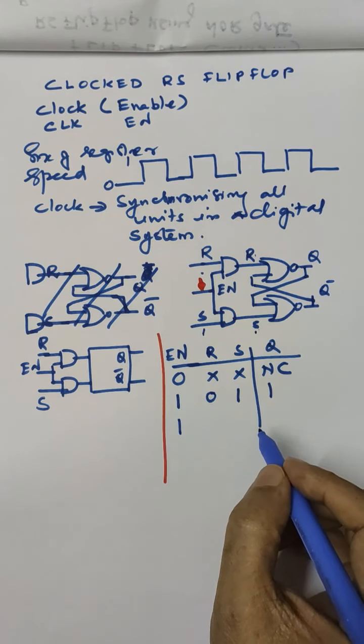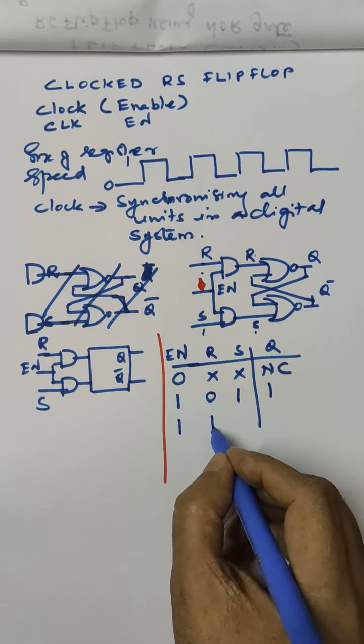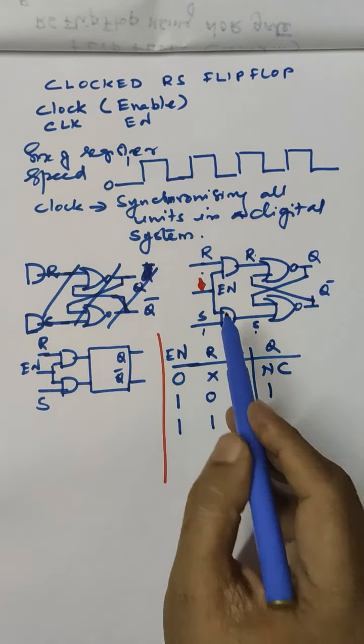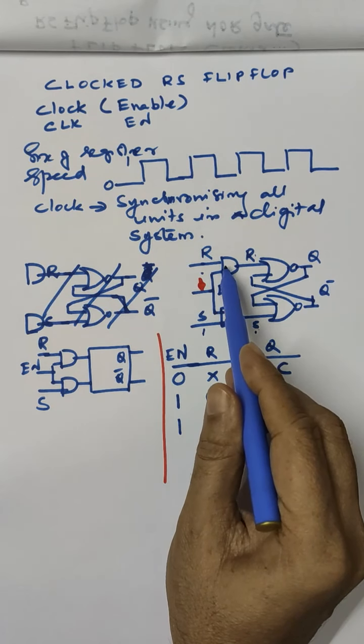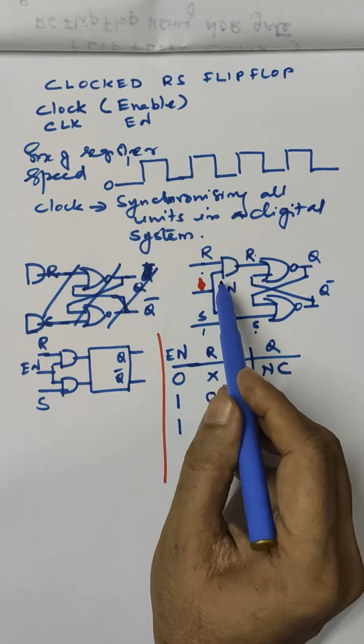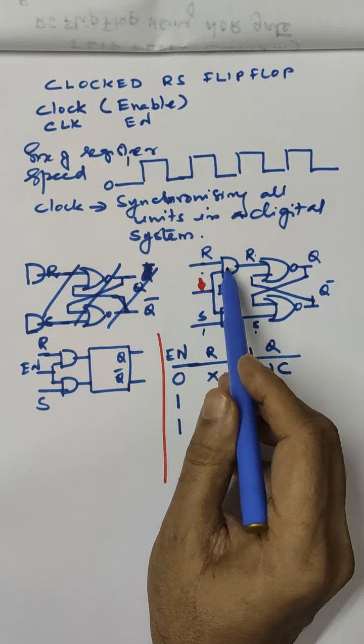Similarly, if you take enable 1, R 1 and S 0, you can see that the output of the upper AND gate becomes 1, because this time both inputs of this AND gate are 1.